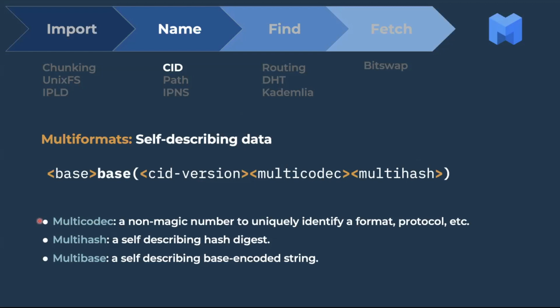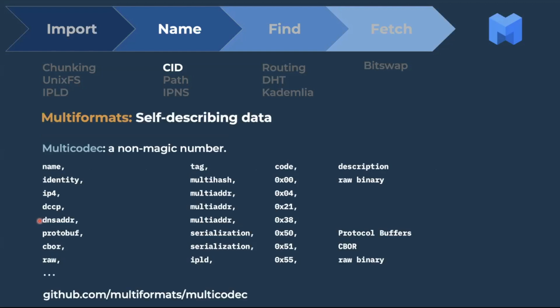A multi-codec is basically a number that uniquely identifies a protocol or a concept or something that you want to add into the network. Then you have the multi-hash, which is the hash digest with some extra information, and the multi-base, which is the base encoding string. So the multi-codec looks something like that.